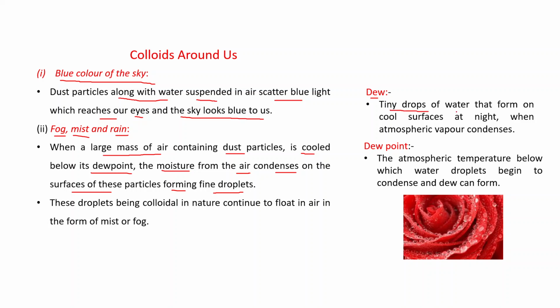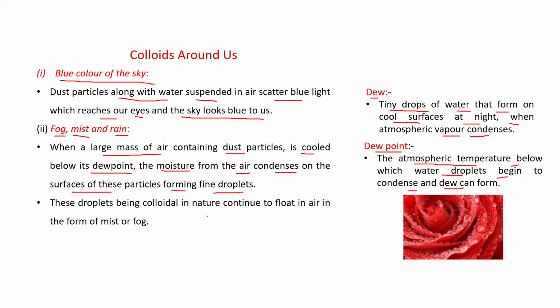Tiny drops of water that form on cool surfaces at night when atmospheric vapor condenses, especially in winter. In Hindi this is known as Os. And dew point is the atmospheric temperature below which water droplets begin to condense and dew can form. In this diagram, this is a flower and these water droplets have condensed on it.